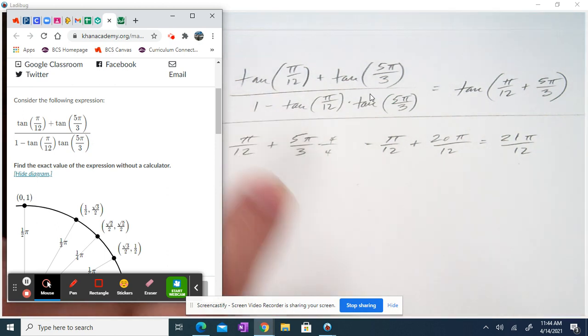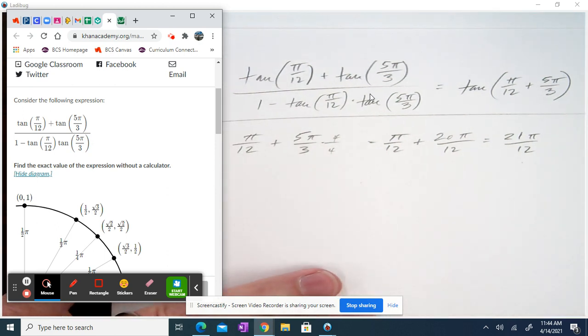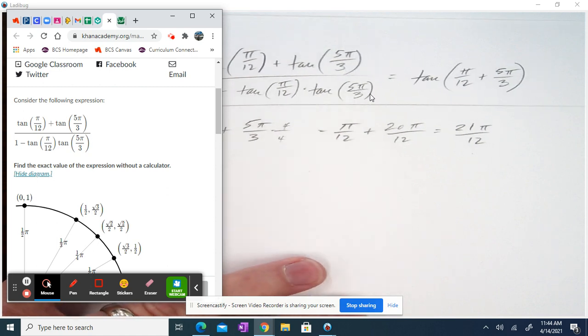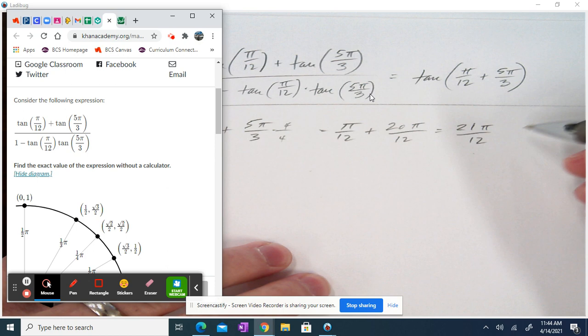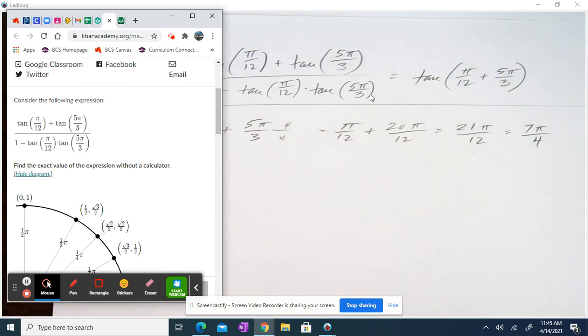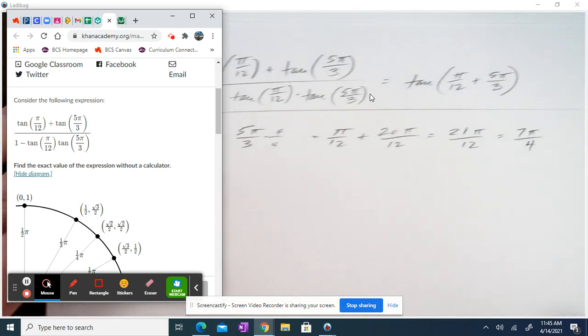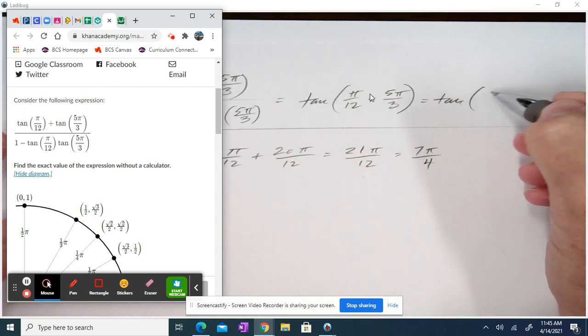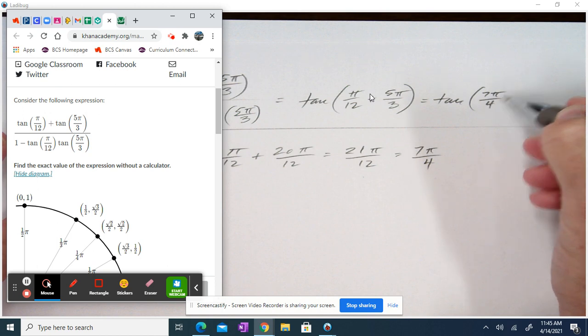And that will reduce because those are both divisible by 3. If I divide this by 3, I get 7 pi. If I divide this by 3, I get 4. So that's 7 pi over 4. So this up here then becomes tangent of 7 pi over 4.